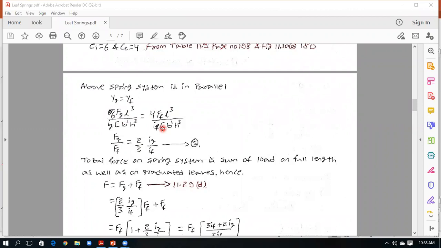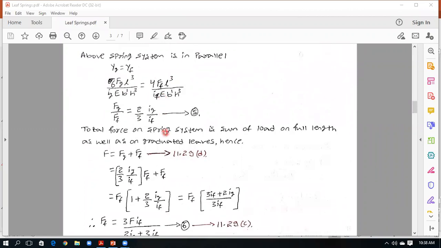Now, as I told you, if this spring system has to be in equilibrium, whatever the load acting on the spring system will be equal to the load taken by the graduated leaves and the load taken by the full length leaves. If this applied load is not equal to the sum of the loads taken by graduated leaves and full length leaves, the spring system will not be in equilibrium.